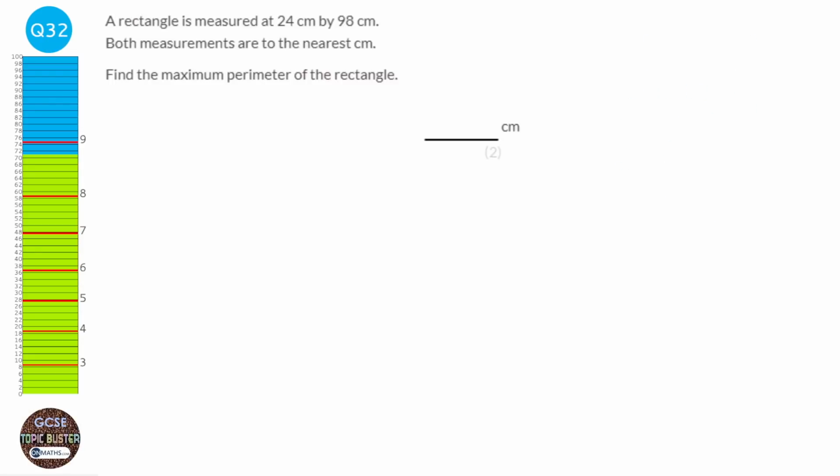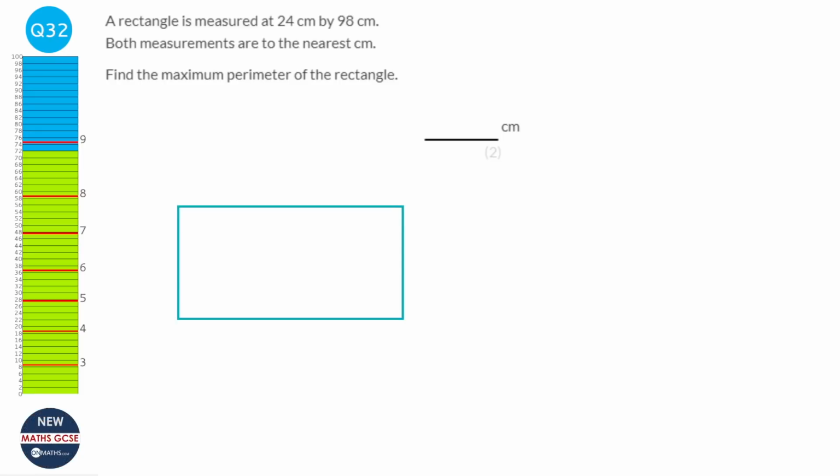If we draw out this rectangle, we can go through the distances one by one and find out what they have to be to maximize the perimeter of the rectangle. Now, perimeter is obviously the distance around the rectangle. So we're going to start off with the 24 centimeters. So the maximum that could be, well, the biggest it could be before it rounds to 25 is 24.5.